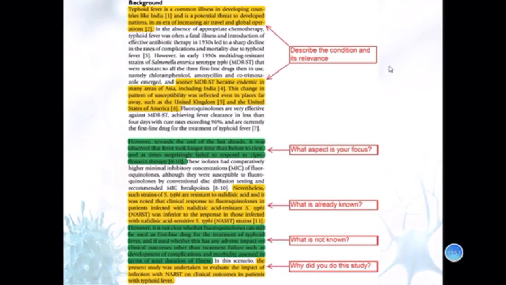First is general, and then your focus, and then what is already known and what is not known. And last, why did you do this kind of study? And usually there are some results and conclusions here.